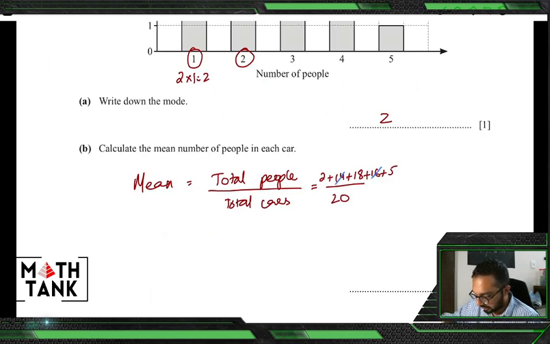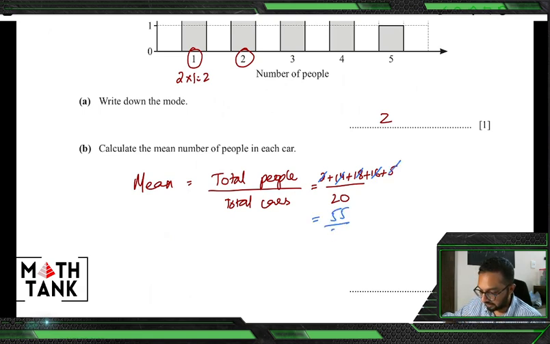These two give me 30, and 50. 20 and 30 give me 50, so that's 55.